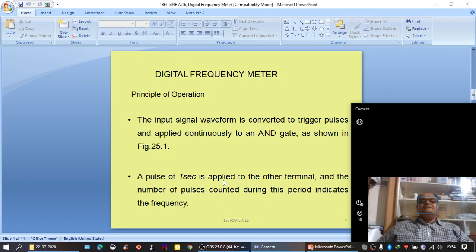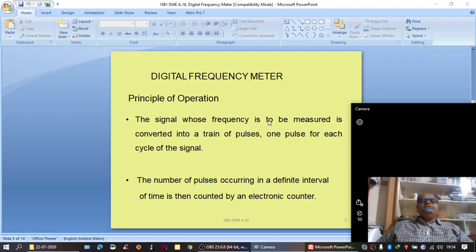A pulse of 1 second is applied to the other terminal, and the number of pulses counted during this period indicates the frequency of the signal. So many number of cycles in 1 second duration gives the frequency, or so many number of pulses in a duration of small t, then N by t gives the frequency of the signal.